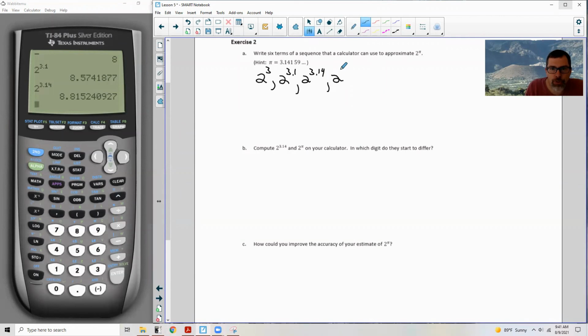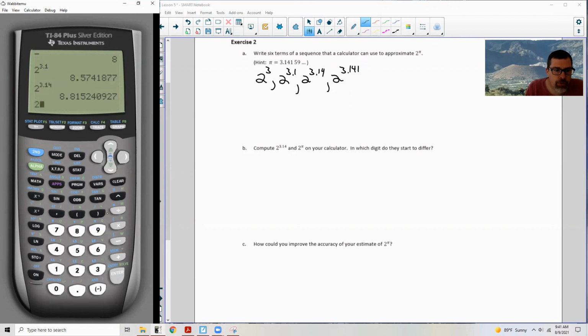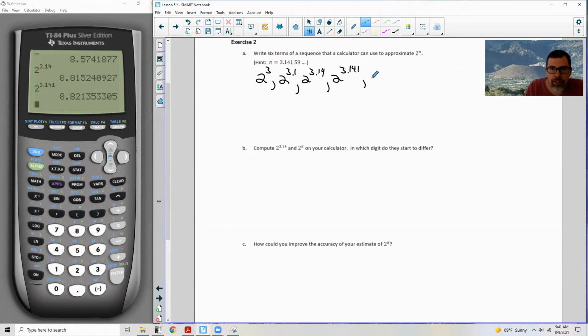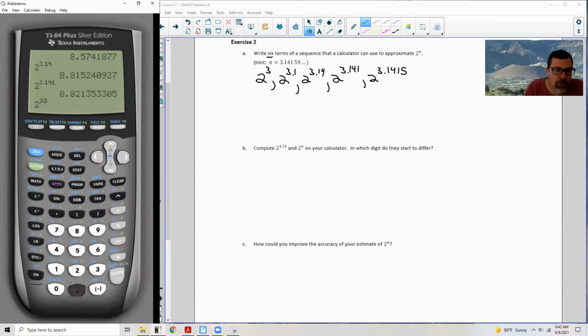And then we're going to do 2 to the 3.141. So 2 to the 3.141 is 8.8. Now this one became a 2. We're getting more accurate. And then actually we got a couple more to do. 2 to the 3.1415 is 8.82. Now this one got greater. Now we're out to 4 1,000ths instead of 1 1,000th.